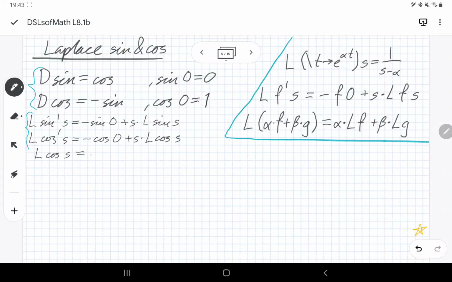L of cosine is just equal to s times L of sine of s, and the other one becomes L of minus sine of s equals minus 1 plus s times L of cosine of s.